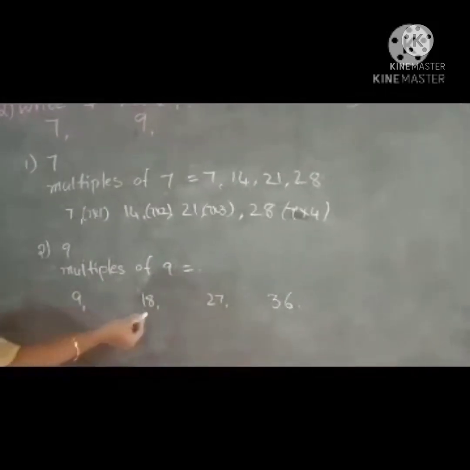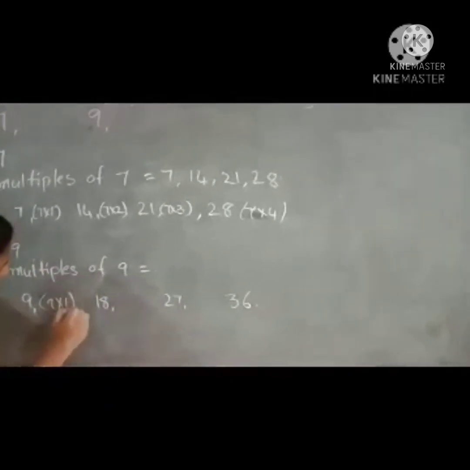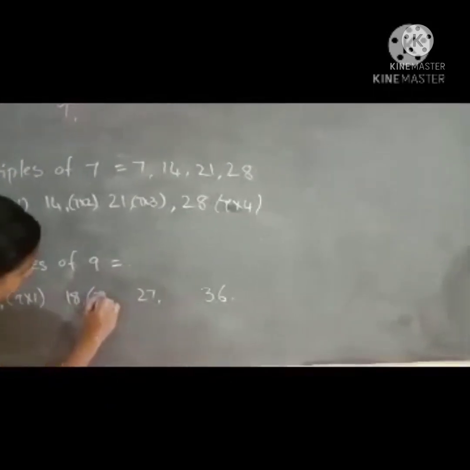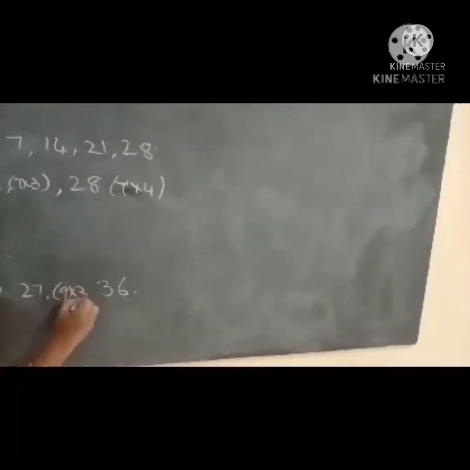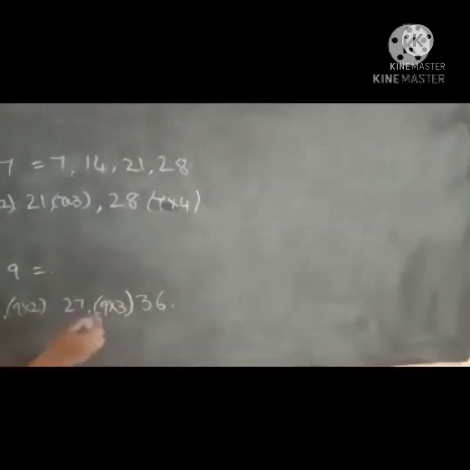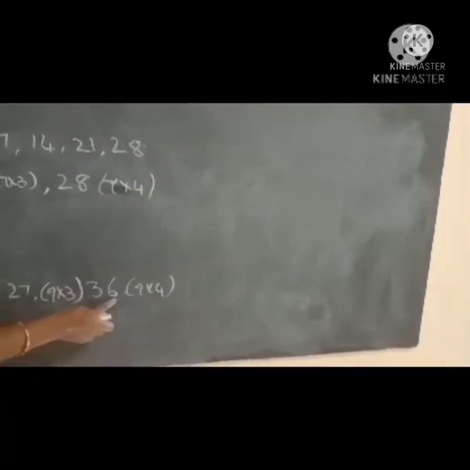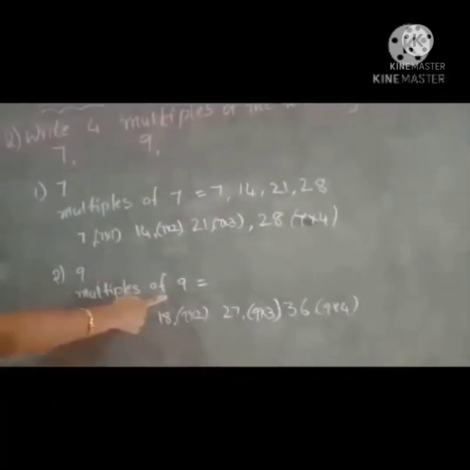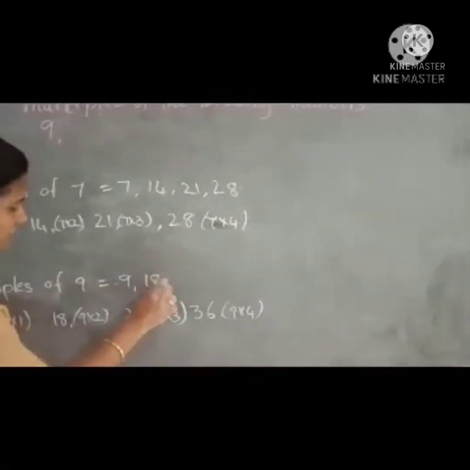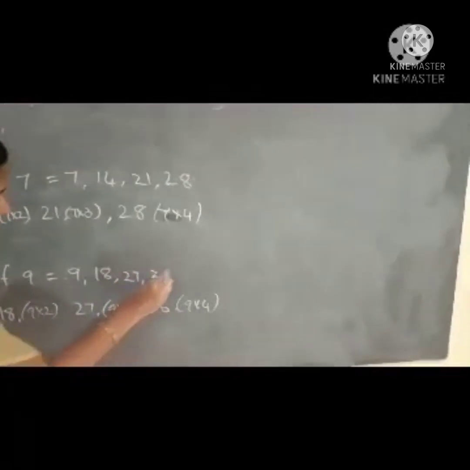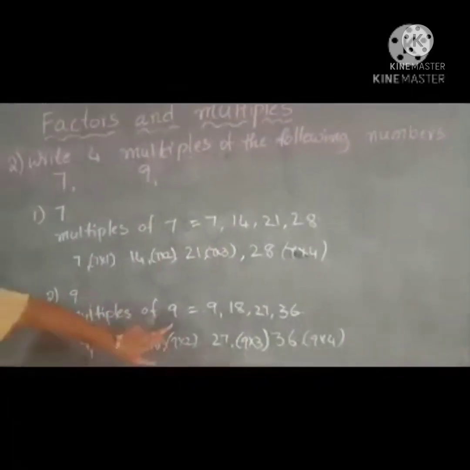See, 9, 18, 27, 36. 9 into 1 is equals to 9. 9 into 2 is equals to 18. 9 into 3 is equals to 27. 9 into 4 is equals to 36. Now tell multiples of 9 is equals to, what are the multiples? 9, 18, 27 and 36 are the multiples of 9. Okay children, just only write the 9 table.